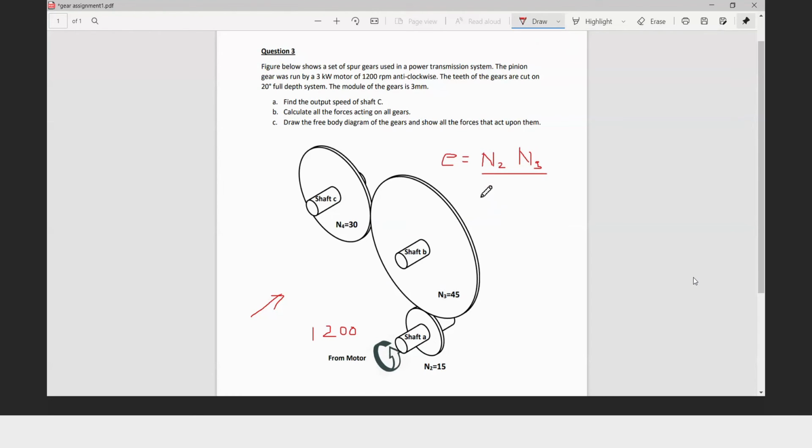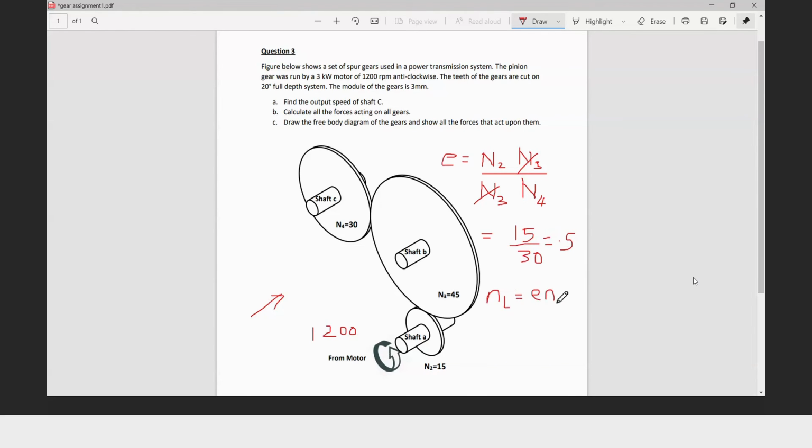Which are driven? N3 is driven by N2, right? Also driven, N4. Okay. Actually you cancel here, N2 over N4. So e is equal to N2 over N4. Number of teeth of 2 is 15, of 4 is 30. So 0.5, right? It's 0.5.